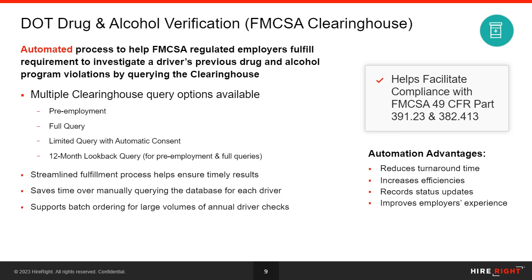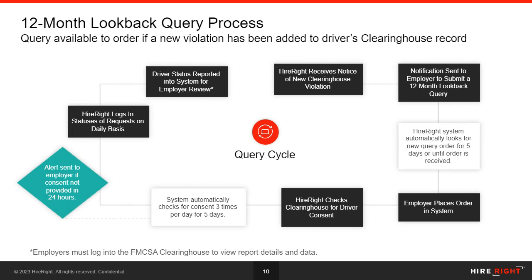I've put into our presentation here today a kind of a cycle. Now, the reason I brought this up is how HireRight engages in that query process involves what's called a 12-month look back. Take a look at the screen and try to digest that fairly quickly.